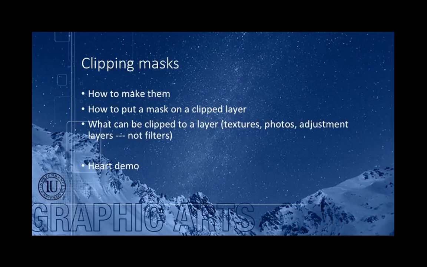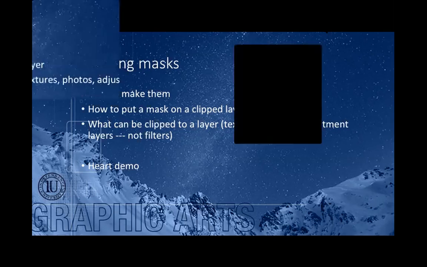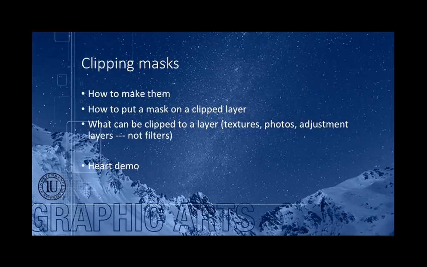All right, now I'm going to take the type tool. Actually, I'm going to do a new layer. I'm going to fill this with white. And then I'm going to take the type tool and I'm just going to type summer.